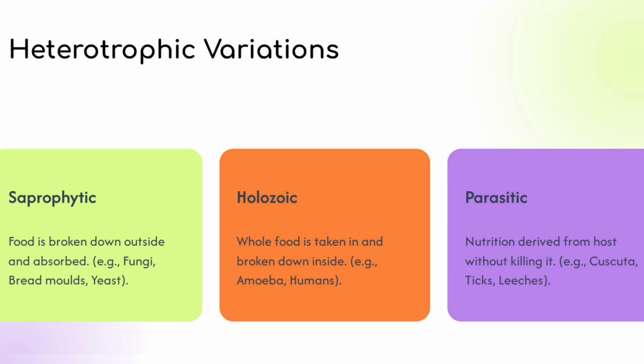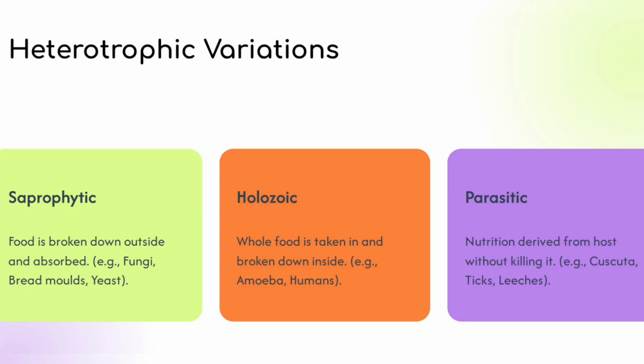Next, parasitic nutrition. These organisms live on or inside the body of a host and take food from the host without immediately killing it. Examples: cuscuta and leeches. These are the examples for parasitic nutrition.